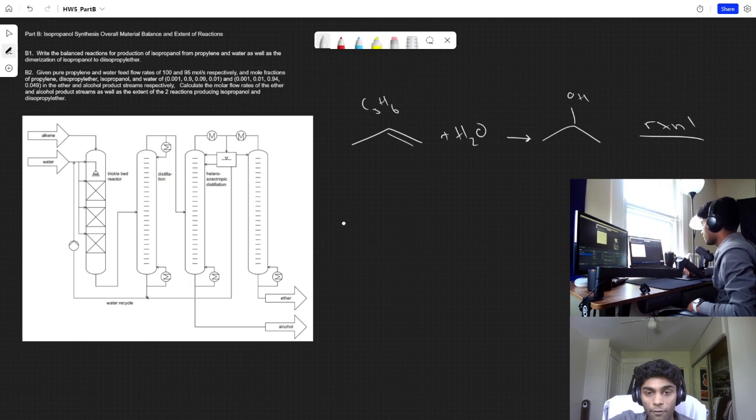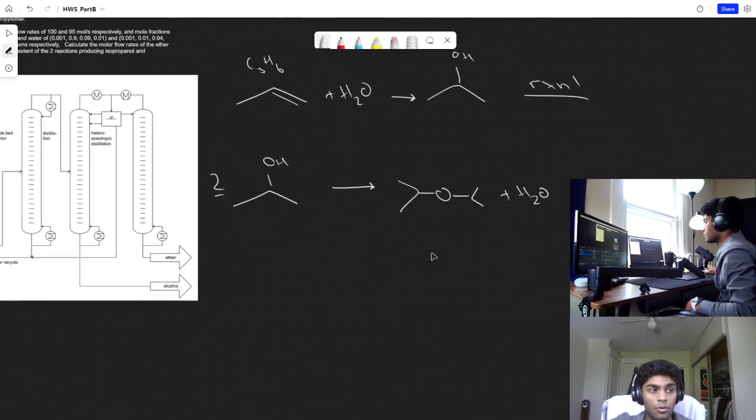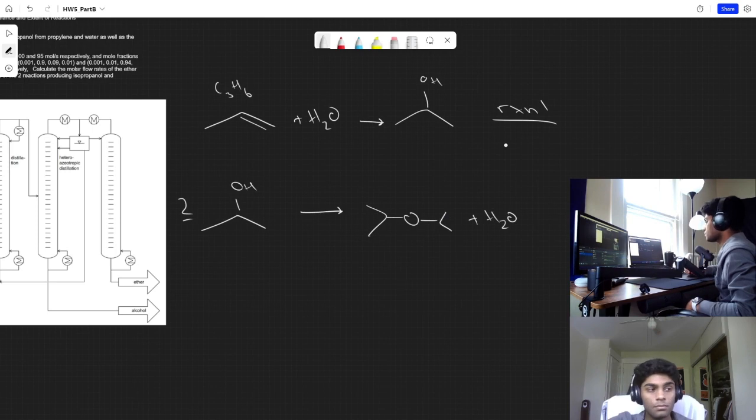So we have now our isopropanol, two of these to be exact, and using that catalyst, it's going to undergo Williamson ether synthesis, and we are going to have our diisopropyl ether. And as a byproduct, we have water. So this is our second reaction that we're looking at. Make sure you can see that. This is our reaction 2.